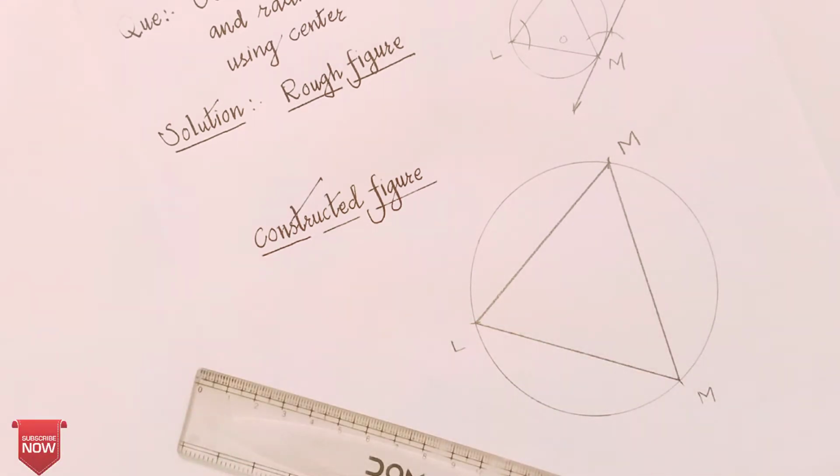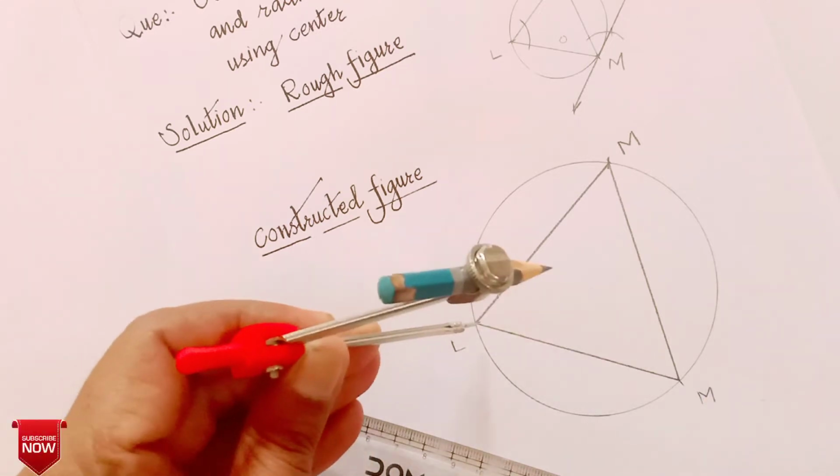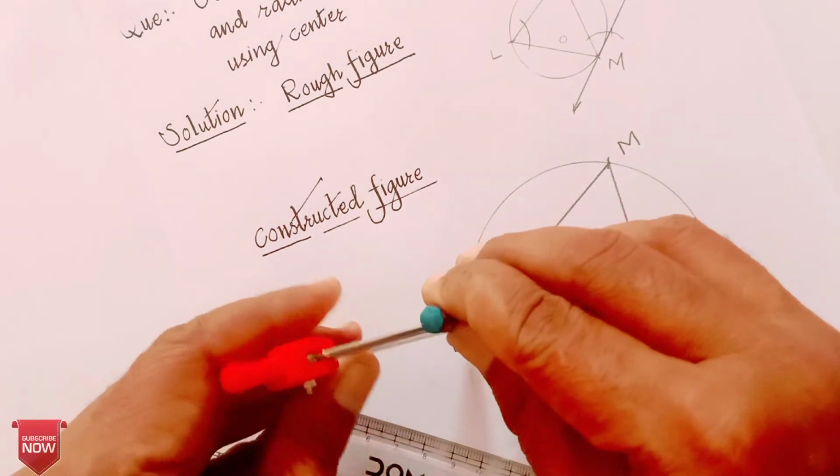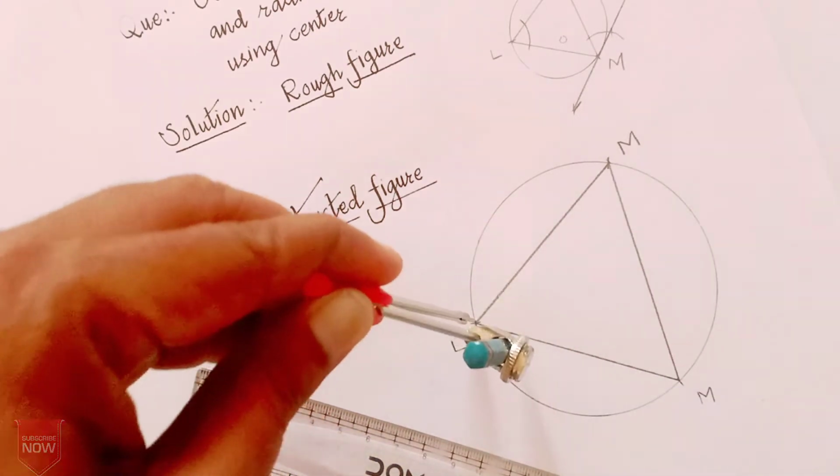Now after that there is the working of a rounder. So for that what we will do, we will take any certain distance in a rounder. The rounder plays a very important role.